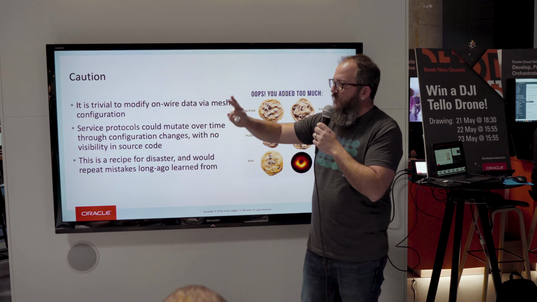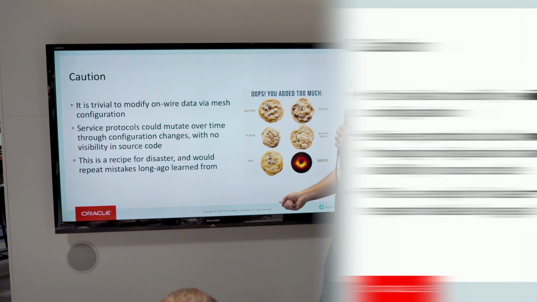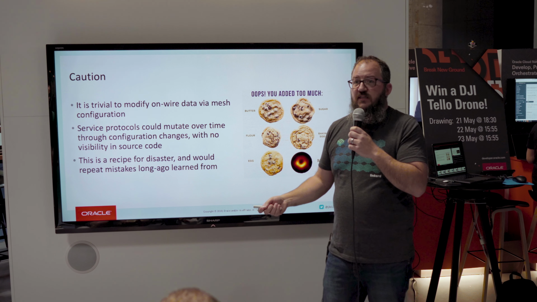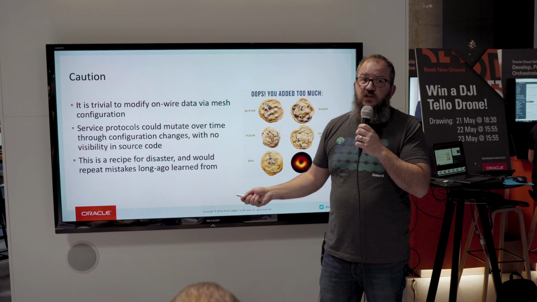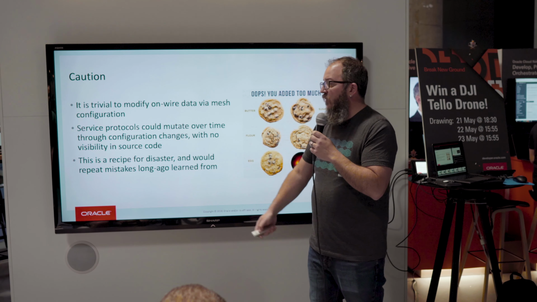Because it's often your configuration and your service mesh. So watch out for modifying your on-wire data to the point where you're implementing functionality with it, right? Keep that in your source code, keep that in your services, or at least in comments in your source code, right? So that you can actually track these things. Because I see this, and a number of people see this, as a potential slippery slope and a space where we're going to have some pain down the road.